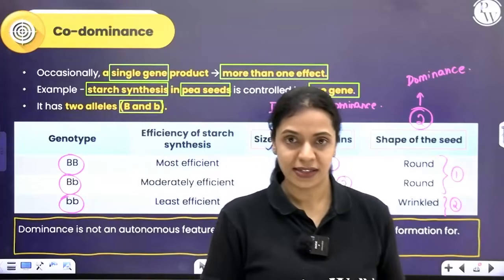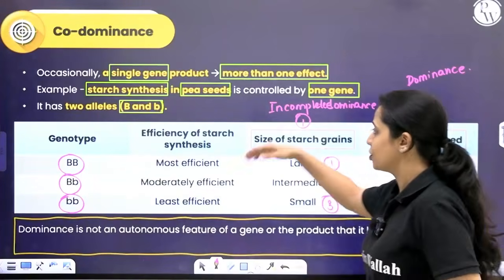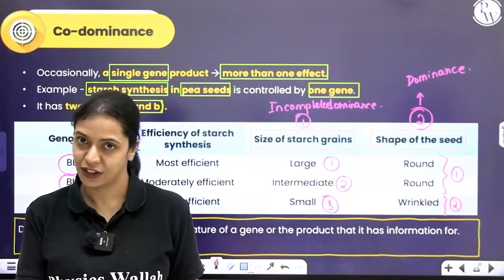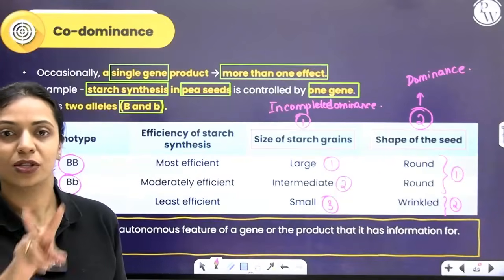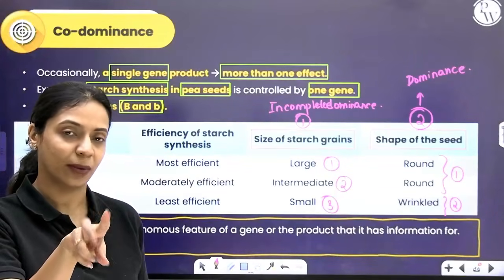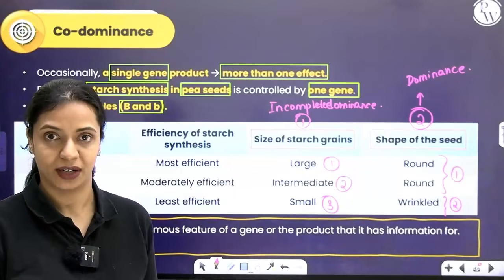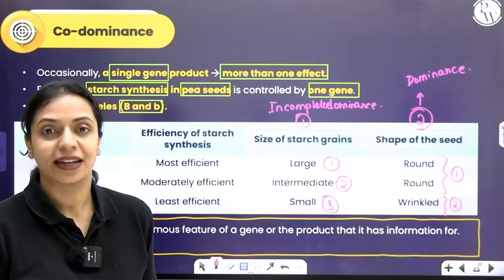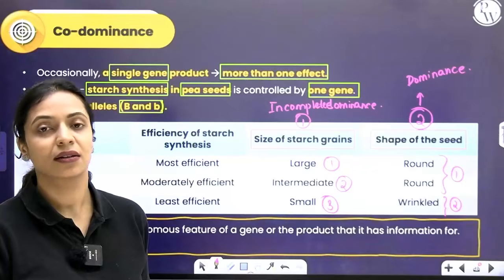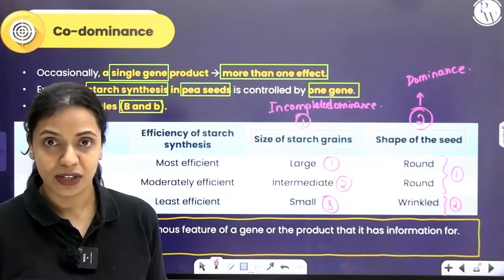Okay. So if I say this gene is dominant, it is not always true, because that gene is responsible for two traits, and one is showing complete dominance and one is showing incomplete dominance. So you can't say that gene is always dominant, right? It depends on which character you're considering. If you're considering the shape of the seed, of course it is dominant.